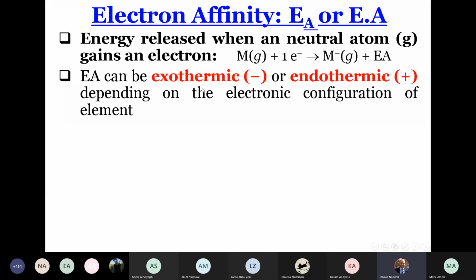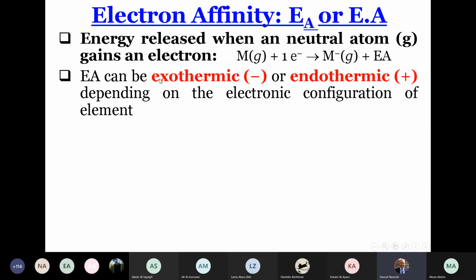So in this case, the electron affinity is exothermic. For the rare gases, their electronic configuration ends with s2p6. So the level is completely filled and there are no places for an electron to be added. In this case, the electron should pass to another higher orbital, and the electron affinity is endothermic.